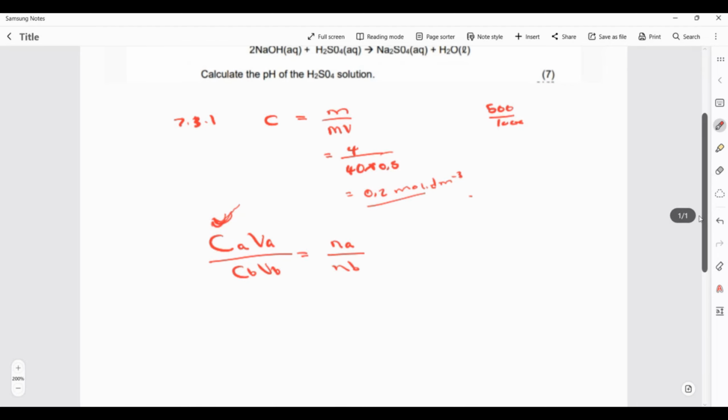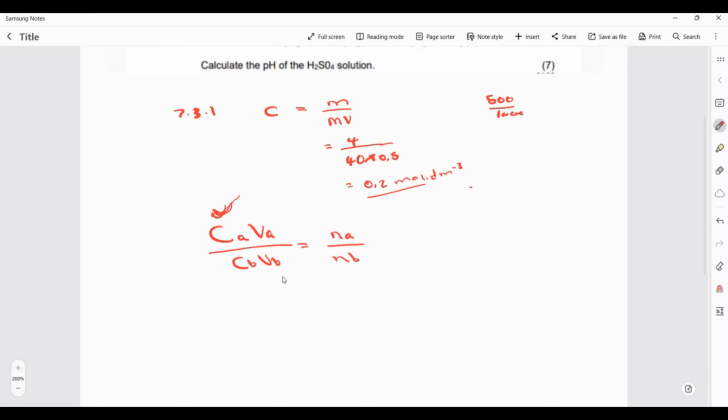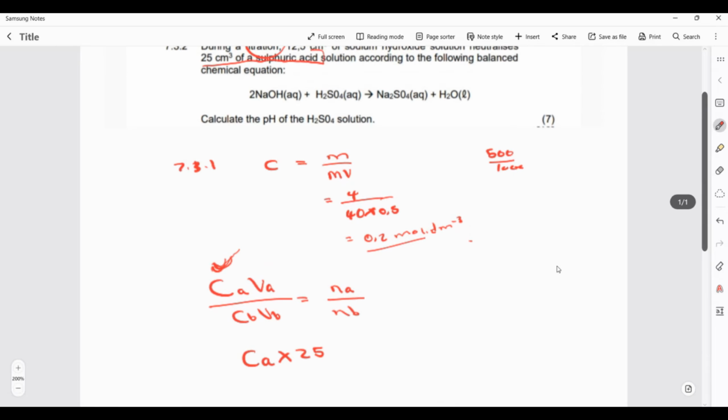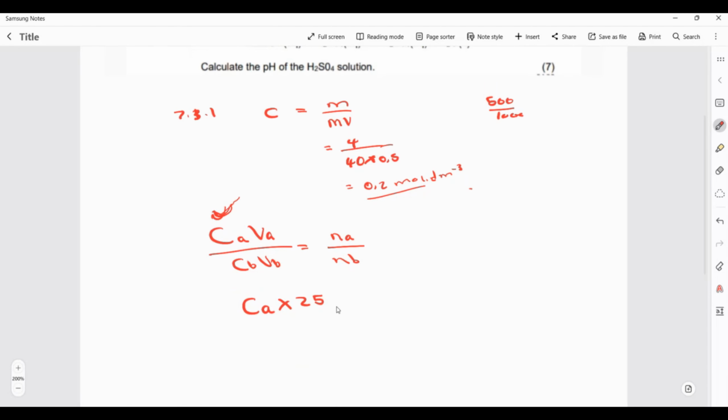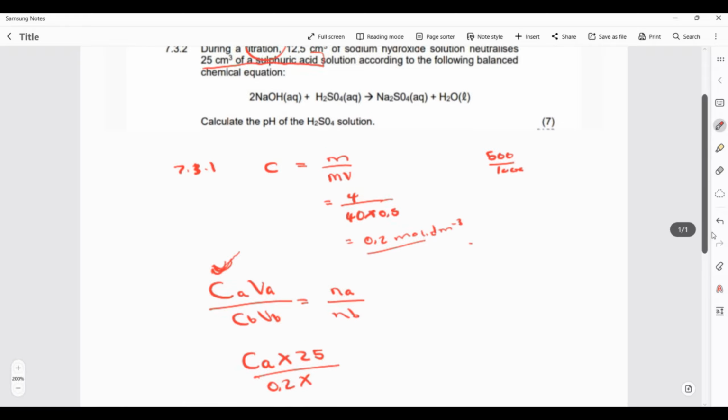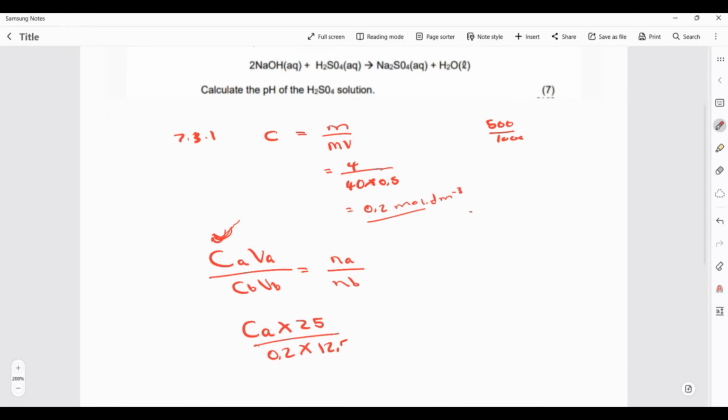So what you can simply do, you can ask yourself, do I have the concentration of my acid? No, you don't have it. What is the volume? It is 25. So guys, for this formula, whether you convert or not, it doesn't matter. Okay, so I'm not going to convert. That's multiplied by 25, and then the concentration of my base is 0.2, and the volume of my base is 12.5 over there.